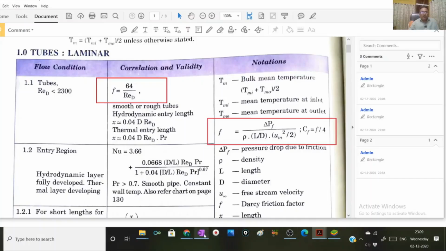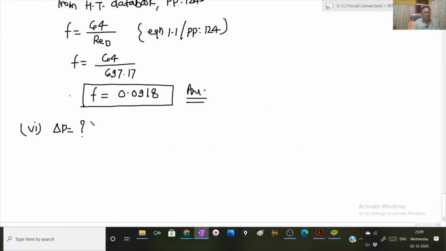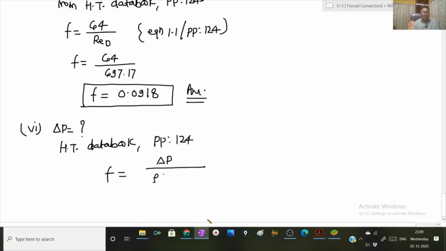So once again from the HT data book, page number 124, we have this relationship: f is equal to delta P over rho into L by D into UM square by 2.